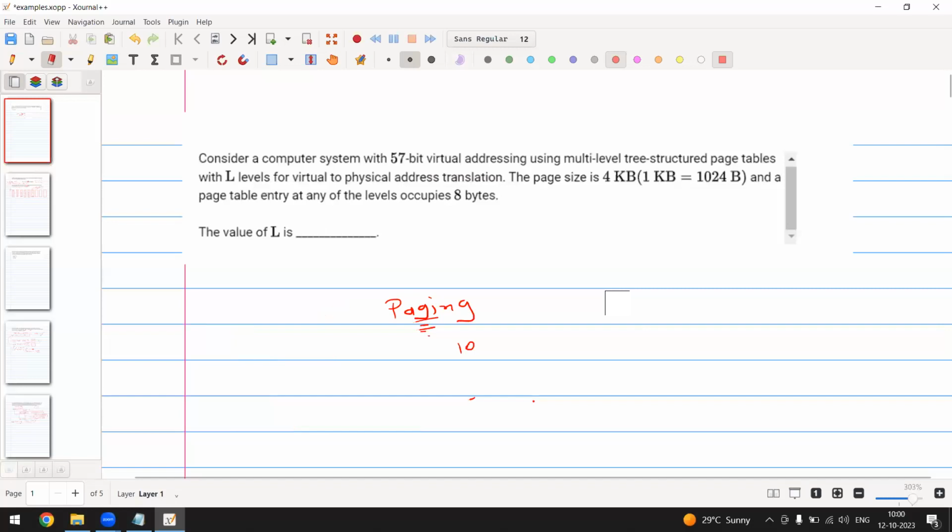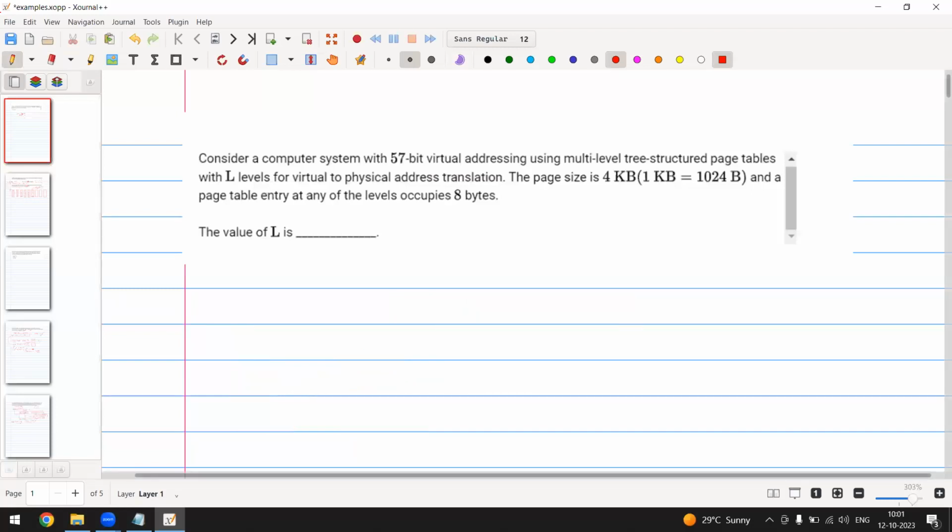So based on this, we have an example. Consider a computer system with a 57-bit virtual address using a multi-level page-structured page table with L levels of virtual to physical address translation.